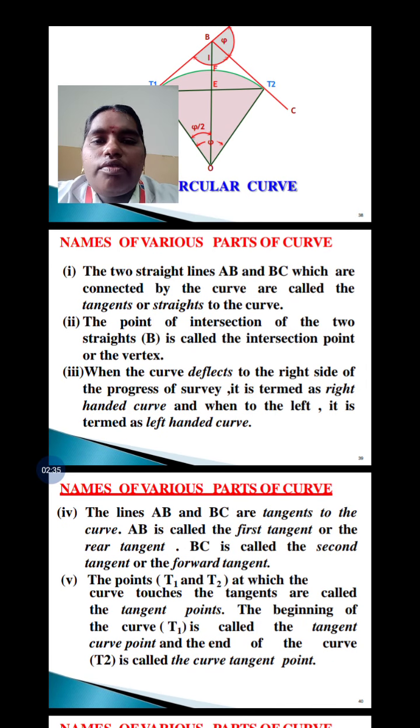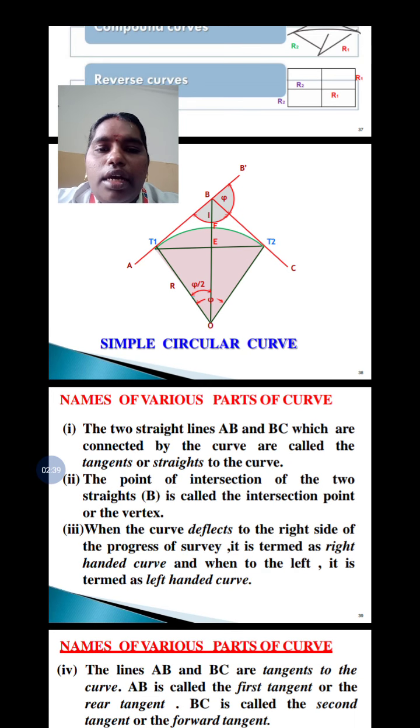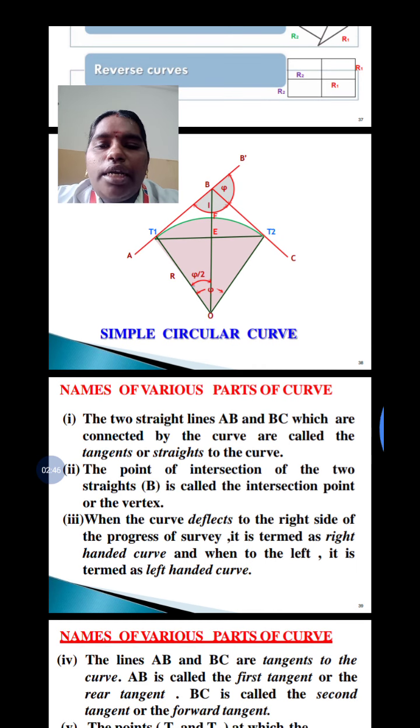And then the names of various parts of the curve. Here in this picture, AB and BC, which are connected by the curve, are called tangent lines or straight lines. The point B is the intersection point or the vertex point.